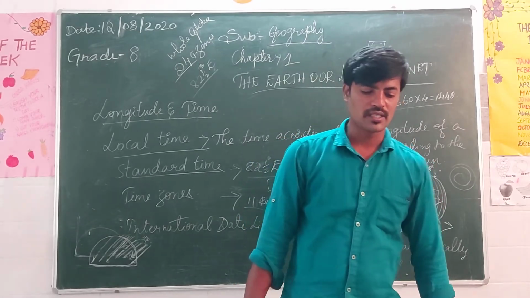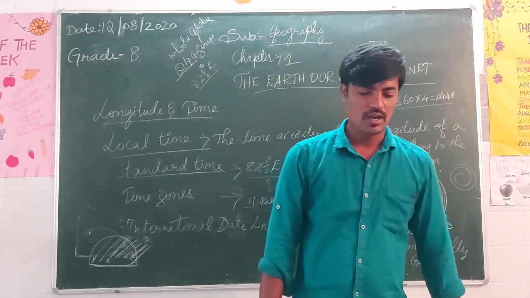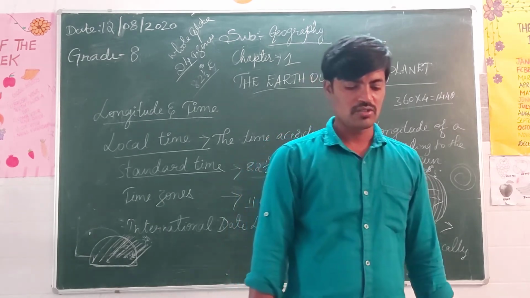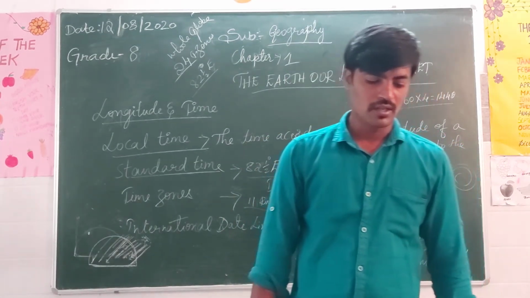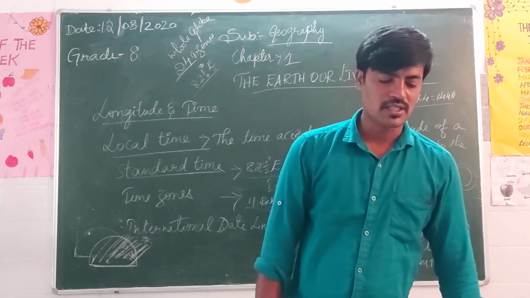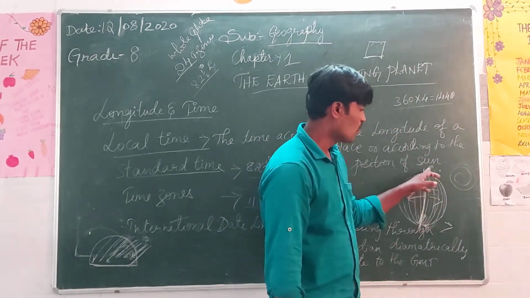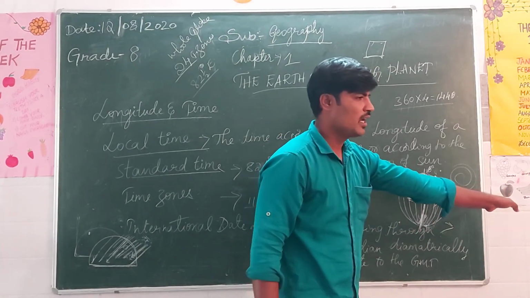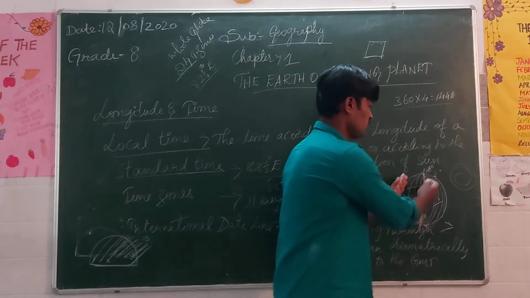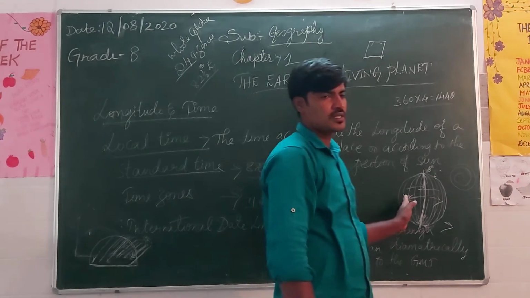Any ship crossing this line from west to North America and east takes a day twice, while a ship crossing this line from east North America to Asia west drops 1 day. Just now I told you, 180 degree. Those who travel towards the east gain time, and those who travel to the west lose their time.